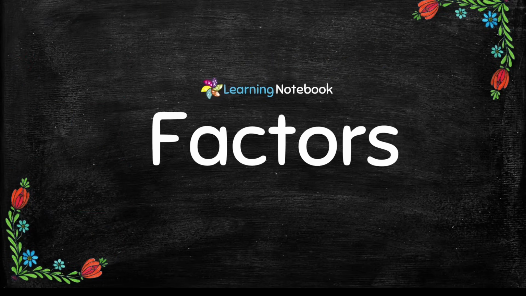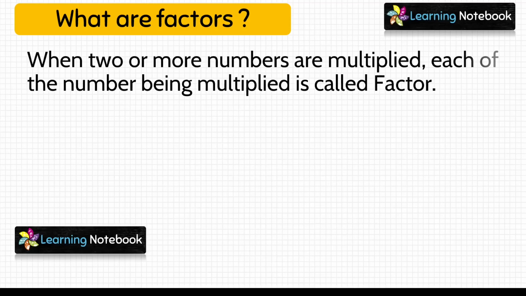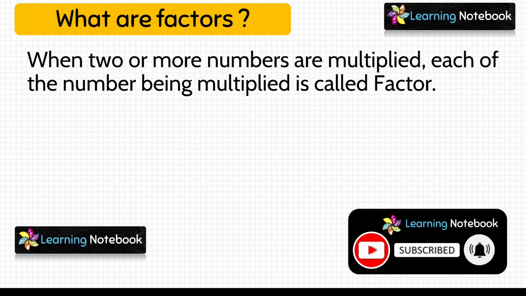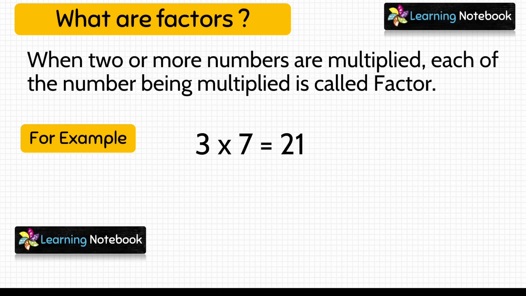Now let's understand what are factors. When two or more numbers are multiplied, each of the number being multiplied is called the factor. Let's consider few examples. 3 multiplied by 7 equals to 21. So here students, we have learnt that 21 is a multiple of 3 and 7.